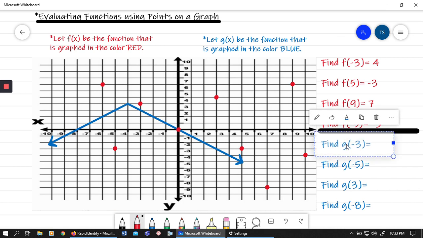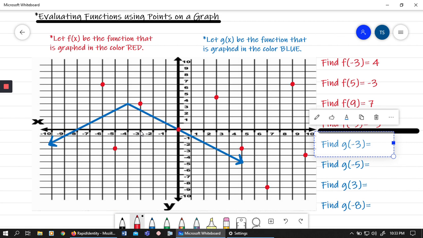So if we're asked to find g of negative 3, again, we're looking at the blue graph. So we go to that x value of negative 3. So again, x values, we go left to right. So from the origin, negative 3 as the x value means we go left 3. 1, 2, 3 to the left. So my mouse pointer is there at the x value of negative 3. The only point on that blue graph at this x value means that we have to go up.